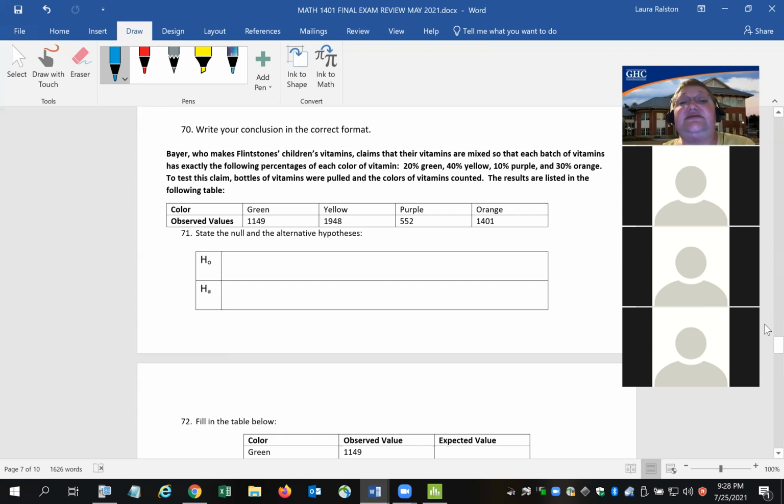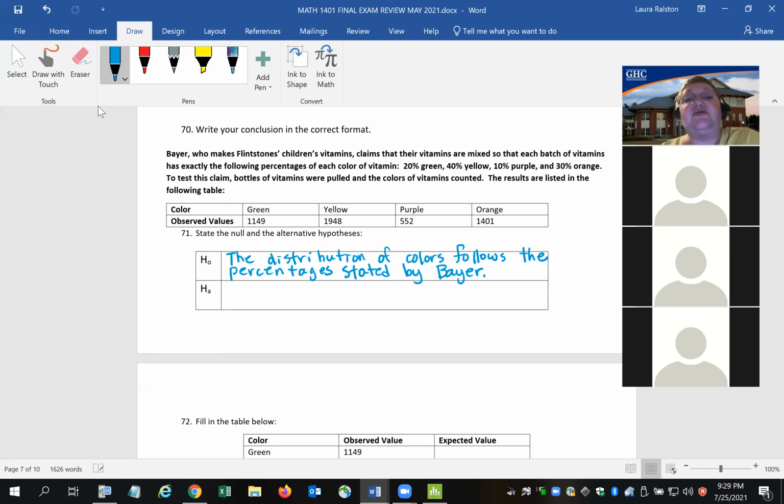And so then it says, state the hypotheses. And again, there's a variety of ways to state these hypotheses. I would probably say the distribution of colors follows the percentages stated by Bayer.